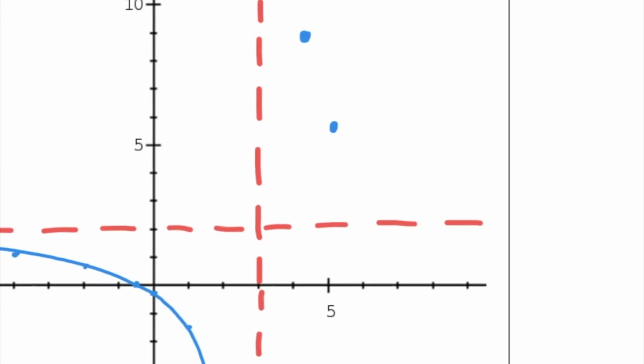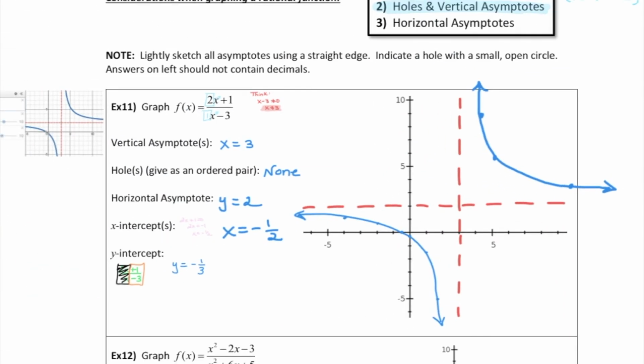Now this graph is 5, 6, 7, 8, 9. At x equals 10, it was 3. So I can kind of, again, approximate that 10,3 would be about there, maybe a little bit farther out. But that's a good rough idea of where those points would be. And there's a good rough sketch of that graph.